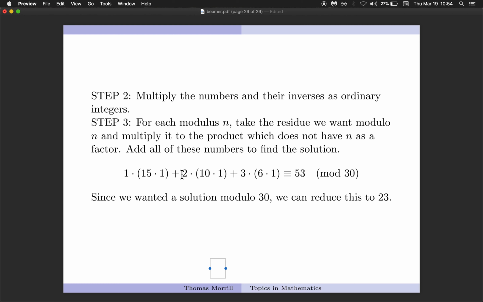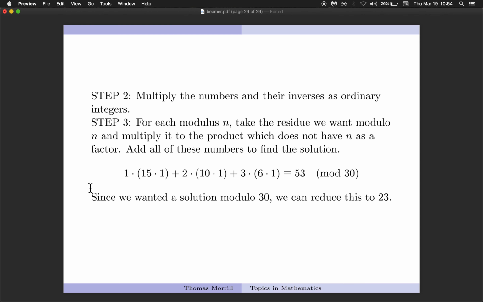I wanted my x to be 2 mod 3. This is the product with no 3's in it. I wanted my x to be 3 mod 5. This is my product with no 5's in it. Put that together and I get 53 modulo 30. So my answer is going to be x must be 23, or any number that reduces to 23 mod 30.